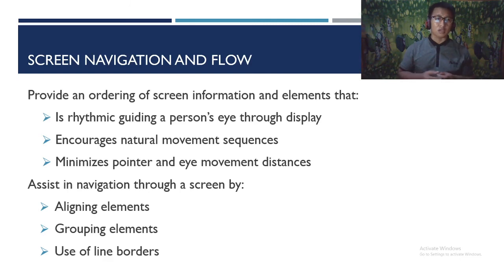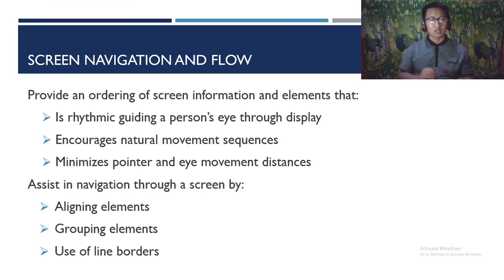So these are the elements in order to provide the ordering of screen information. Next is assist in navigation through a screen by aligning elements, grouping elements, and use of lines and borders.